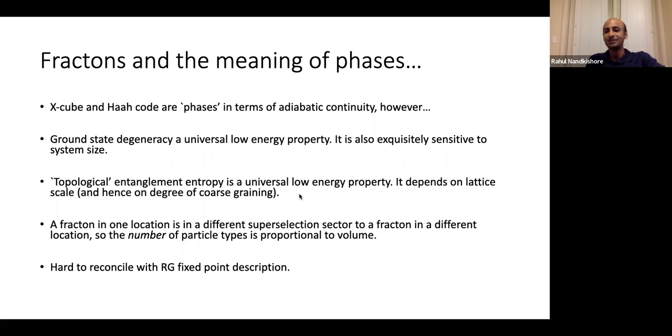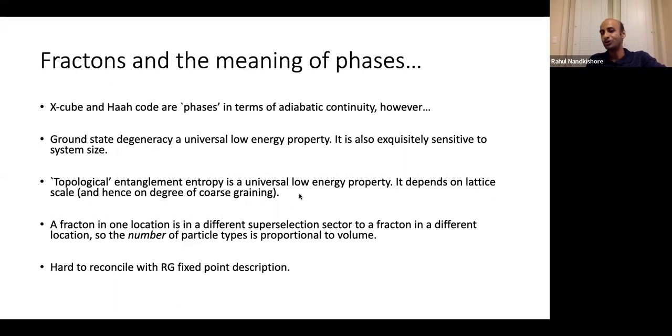At the same time, if you do it with periodic boundary conditions, the ground state degeneracy is a universal low energy property, but it's exquisitely sensitive to system size. It's exponential in system size. So how could you possibly capture this in any sort of continuum field theory description, which has forgotten about the UV regularization?